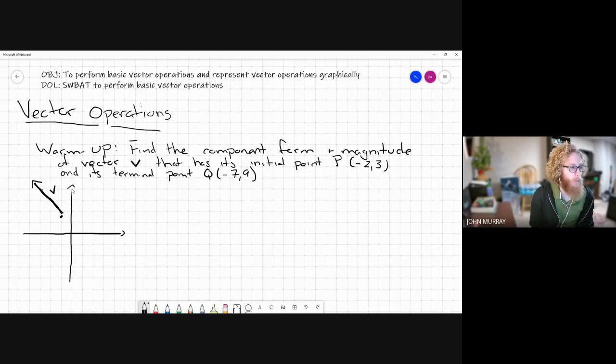All right, so first, for the component form. Remember, our component form only involves two coordinates, v1 and v2. So we want to make the P and the Q into this. To do that, we are going to subtract.